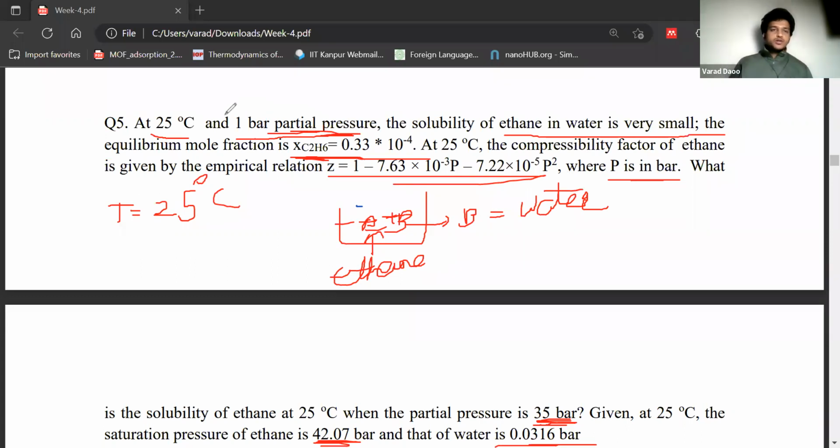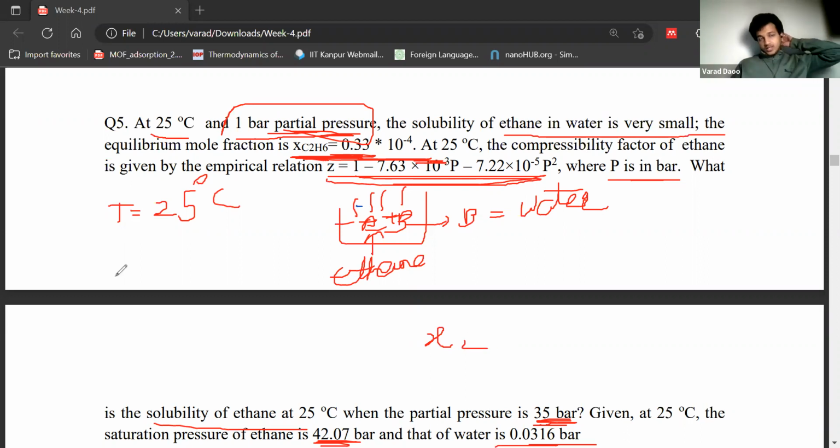Initially this system has 1 bar of partial pressure, where mole fraction is this, and the vapor accompanying this solution has a vapor of ethane with this expression. Now what we are asked to find is the solubility of ethane, that means we are trying to find x2. Although temperature is the same, the pressure now changes to 35 bar.